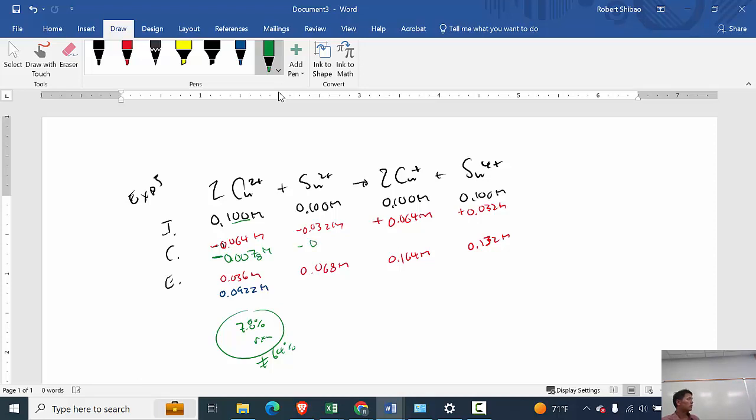Yes, I should lose 0.0039 here. And if I lose that much, then I'm going to end up with 0.0961. Is that right?